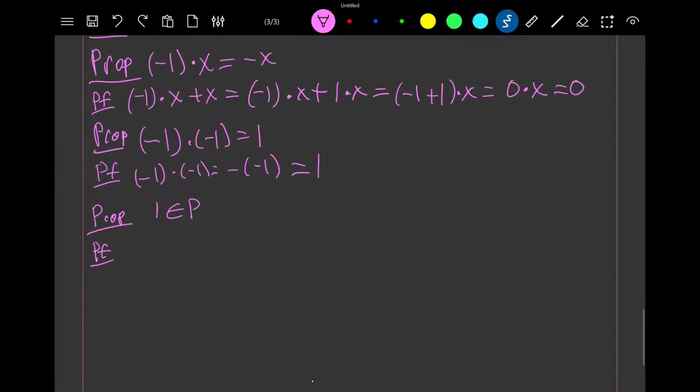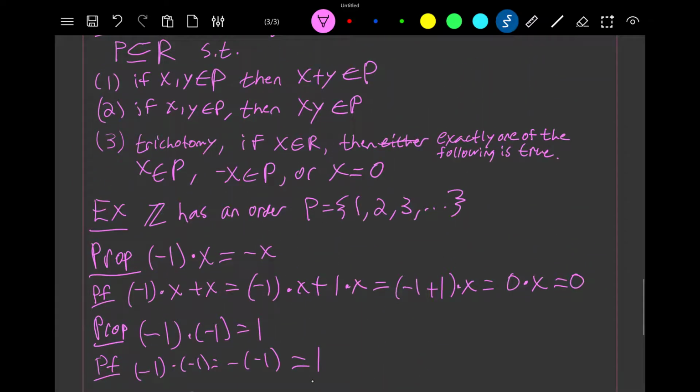All right, so now we're ready to show that 1 is always a positive number. So how can we do this? What we're going to do is a proof by contradiction. So if we assume for the sake of contradiction 1 is not positive, then -1 is positive, because if 1 is not positive, then -1 has to be positive, because 1 is not equal to 0.